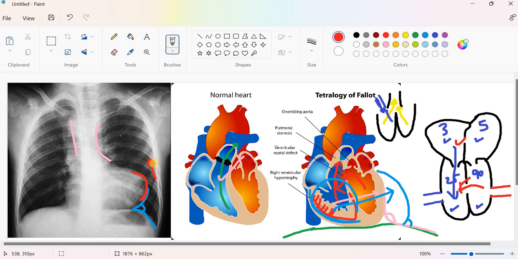If you return to the normal chest x-ray, you will find the left ventricle descends smoothly and makes a relationship with the diaphragm, sloping downward smoothly without being pushed lateral. So the appearance in tetralogy of Fallot especially is the boot-shaped heart, or coeur en sabot.